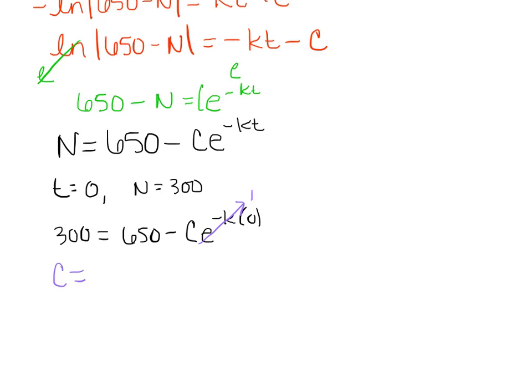So c is going to be equal to 650, or I'm sorry, 650 minus the 300, which is going to give us 350. So now my equation becomes n, or the population, is equal to 650 minus 350 e to the negative kt.